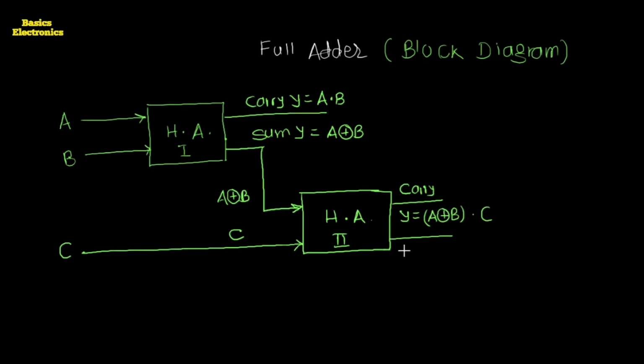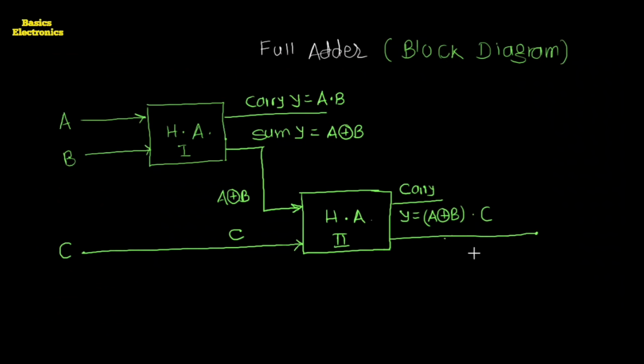The second output is the sum output, and this sum output is the final sum of this full adder.